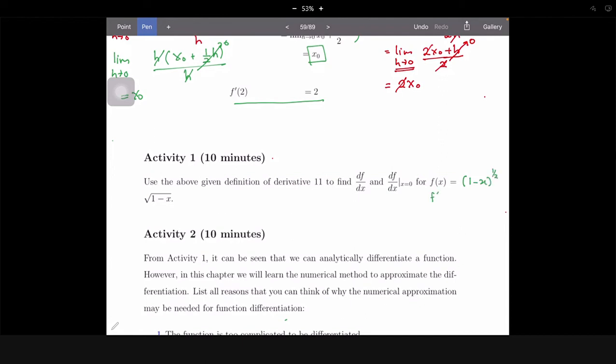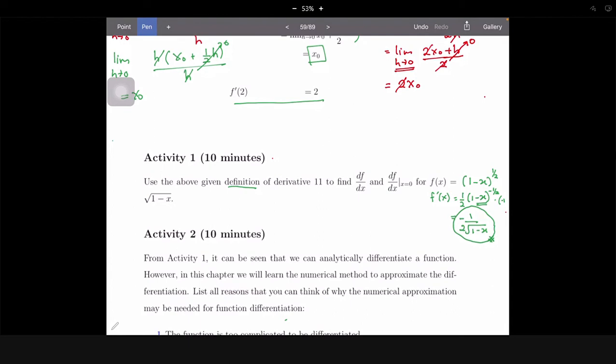So f prime x, half 1 minus x to the power of negative half. And multiply by negative 1 daripada negative x kat sini. So kita akan dapat negative 1 over 2 square root 1 minus x. So yang ni kalau you guna the definition, you akan dapat the same answer processed by the power rule.